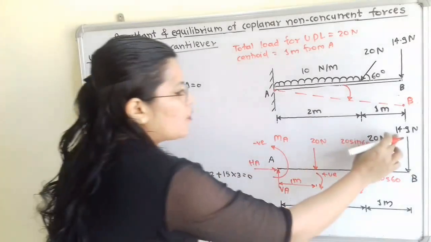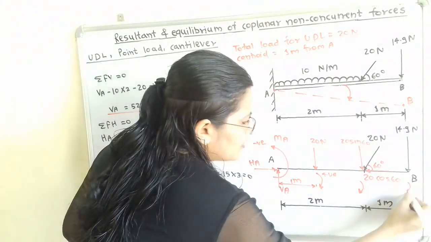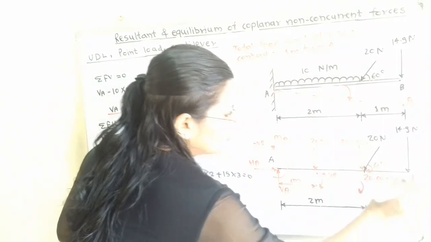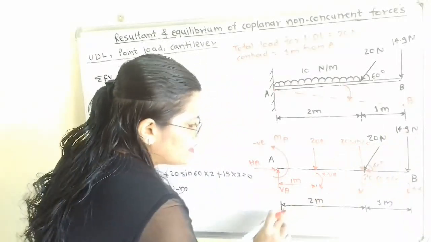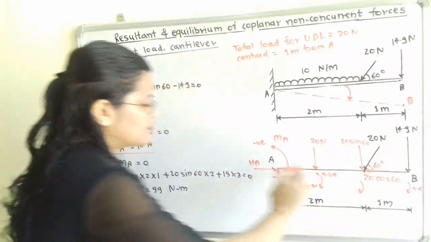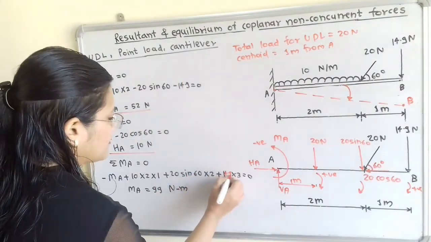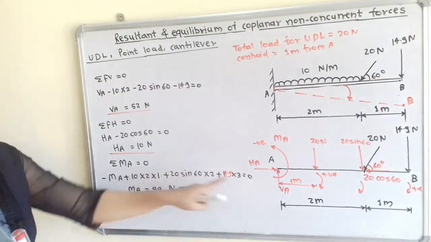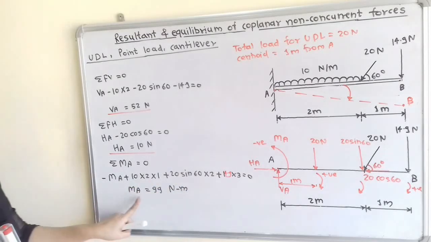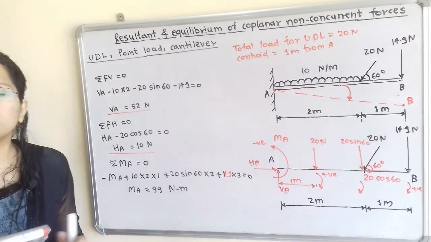Next is 14.9. It is also in the clockwise direction, so we take positive sign. 14.9 into perpendicular distance 2 plus 1, 3. Now when we solve this, we will get the answer MA is equal to 99 Newton meter.